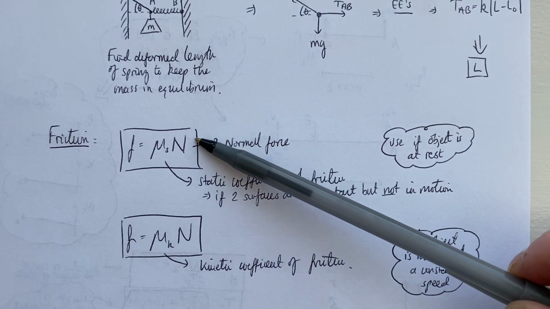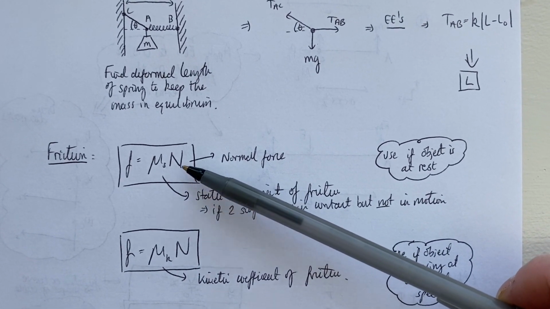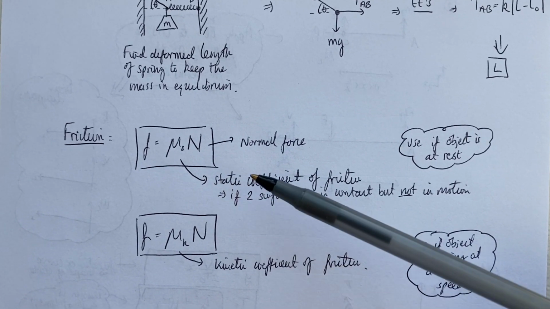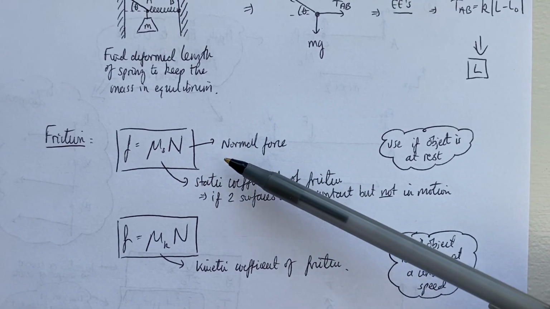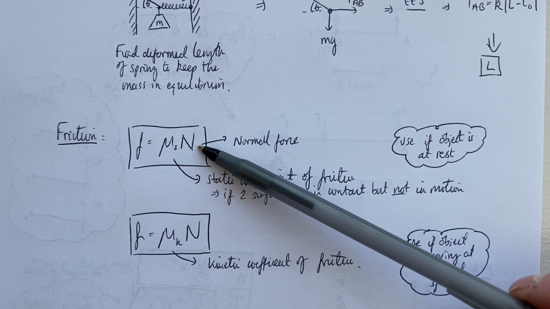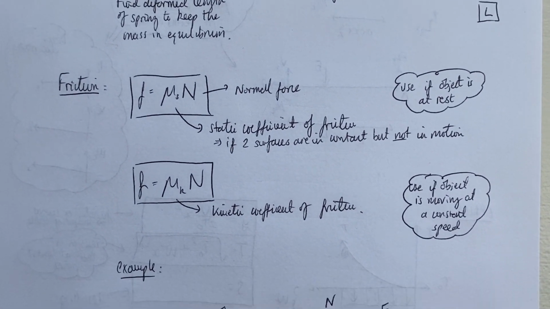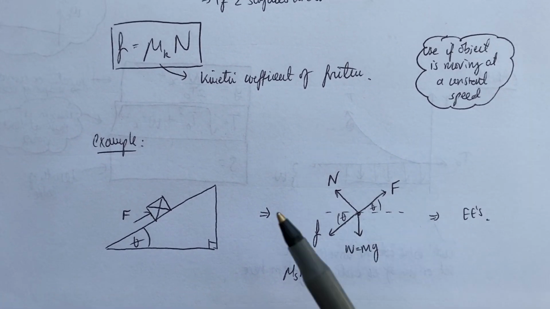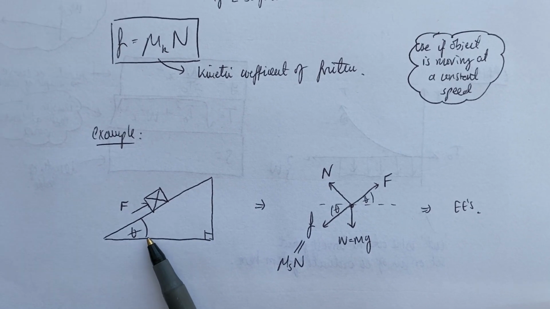N here is the normal force, which acts perpendicular to the surface that we're considering. So if it's on a slope, then it's acting perpendicular to the slope. It's important not to confuse this N with N for newtons, right? So in this example that I've quickly sketched down here, I've got a box being pushed up a slope of angle theta.